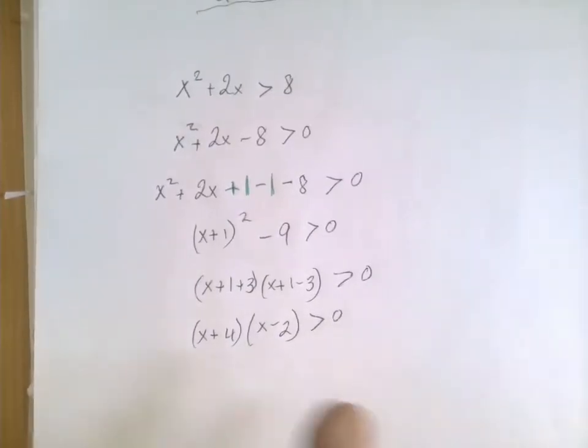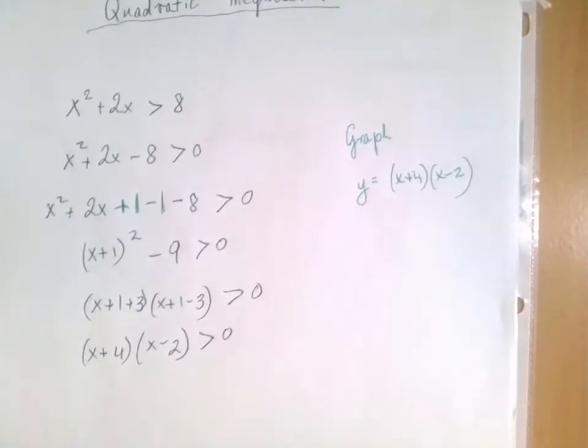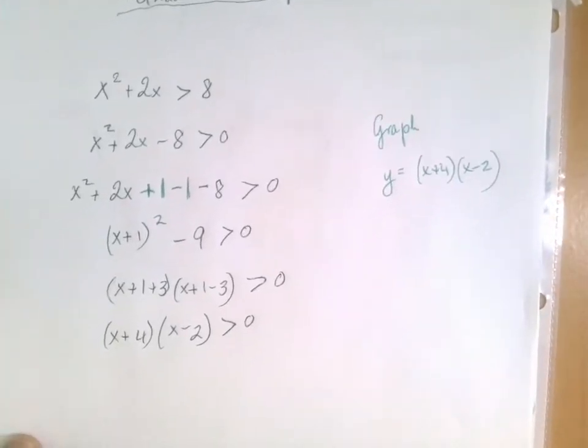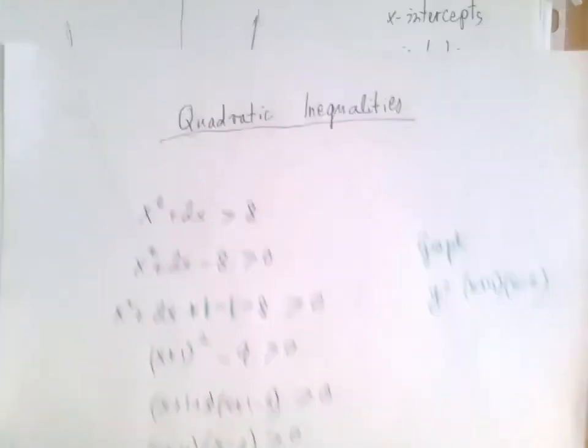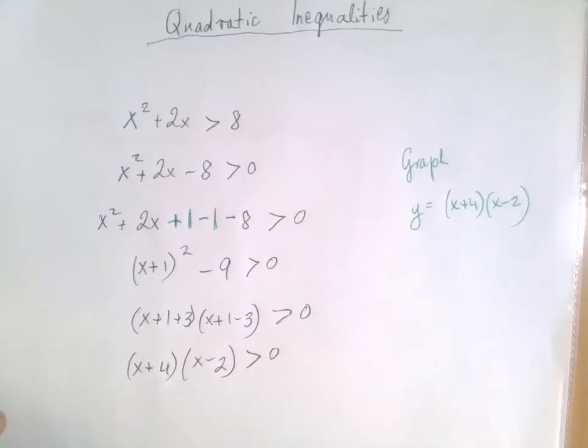Once one side is 0 and the other side is factored, the algebra is over, and let's go away and graph the following parabola. Let's graph y equals (x plus 4) times (x minus 2). Now this graph does not have to be precise. It can be a sloppy, ugly little graph.